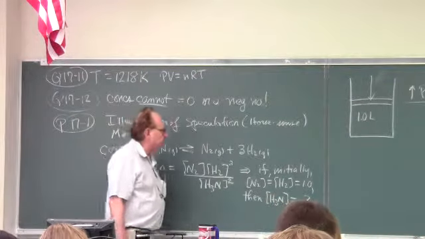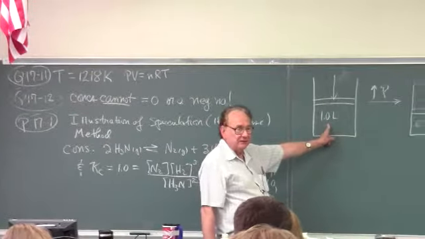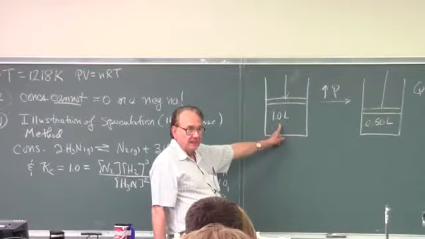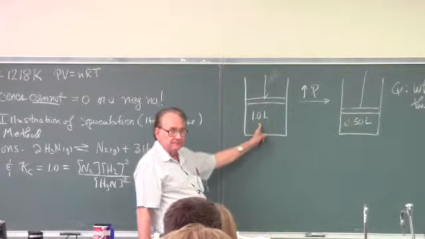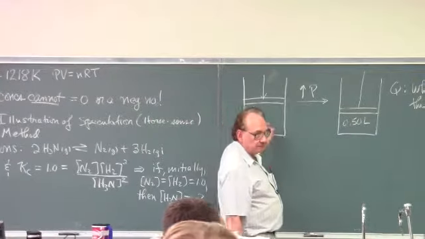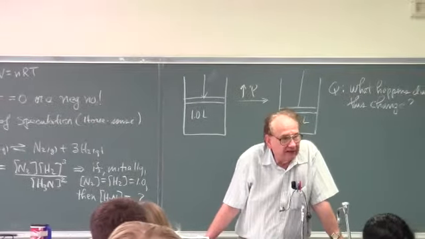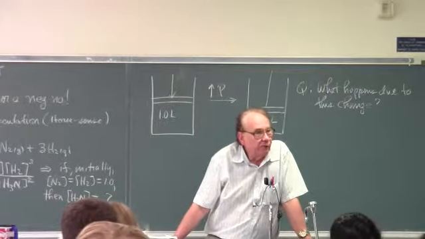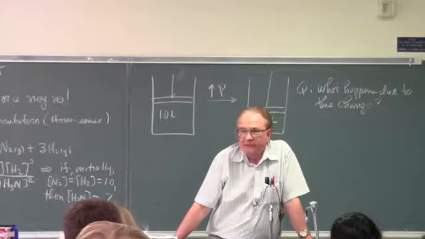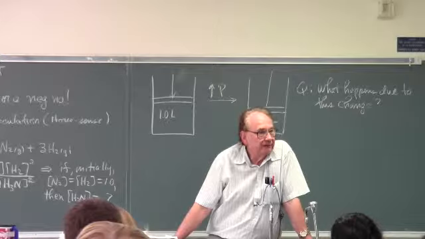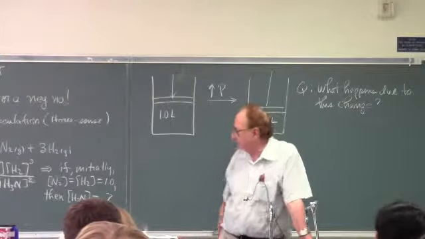If initially this equilibrium system lives in this piston cylinder gadget in a contained volume of 1.0 liters, and I tell you that with this equilibrium existing in this contained volume of 1.0 liters, we have 1 mole of nitrogen and 1 mole of hydrogen. How much ammonia must we have? Got to be 1 mole. That's the only way the equilibrium constant value of 1.0 can be satisfied.